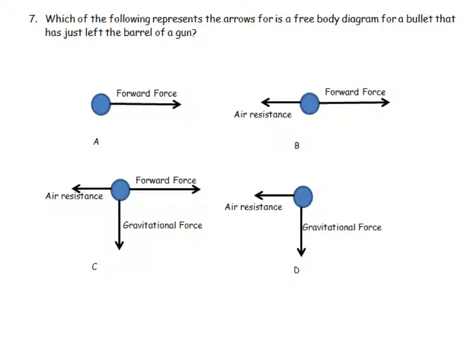Which of the following represents the arrows for a free body diagram of a bullet that has just left the barrel of the gun? Now, our bullet has come out of the gun. There's the barrel, and here's the bullet. So the bullet's in the middle of the air. There's no thrust force. The thrust force occurred over here. It is not happening to the bullet now that it is in the middle of nowhere. In the middle of nowhere, that bullet is experiencing two forces.